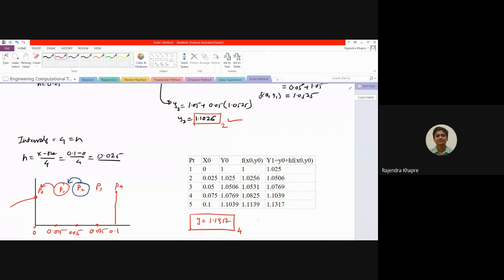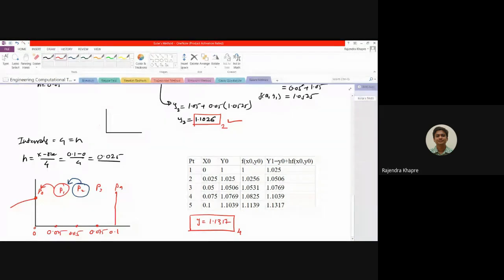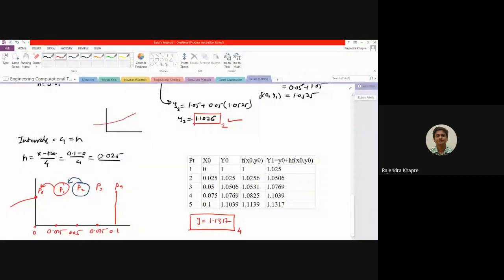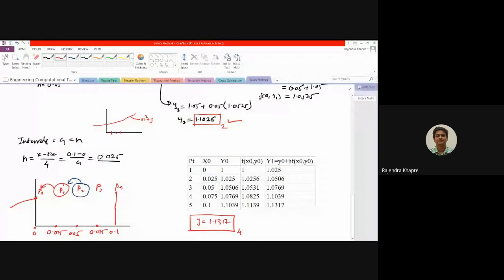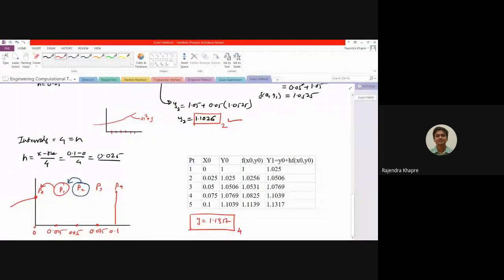Ideally, you must have noticed that the actual curve is probably like this. It is increasing like this, because it's a second degree curve, x square plus y. So it has a power of 2, and it is increasing like this.